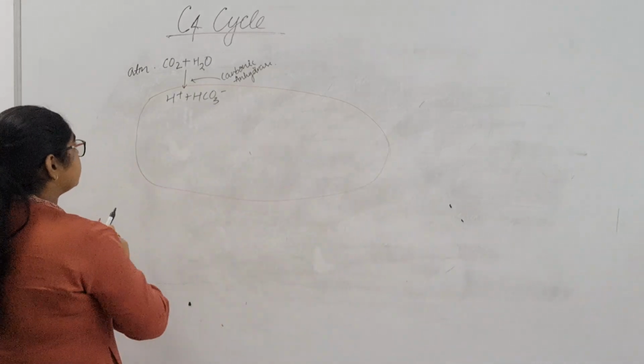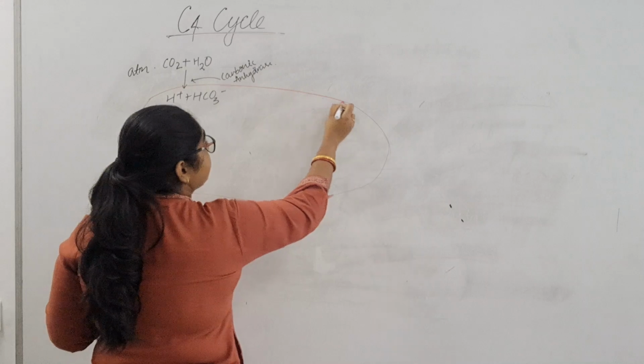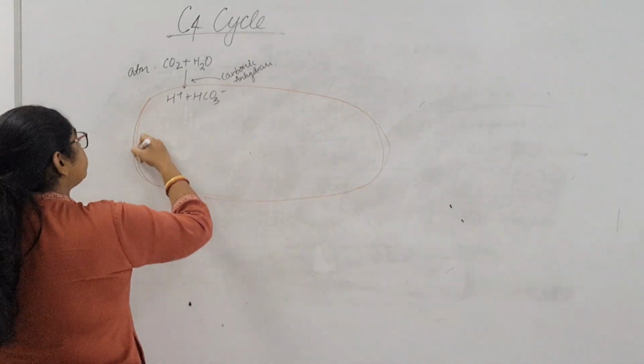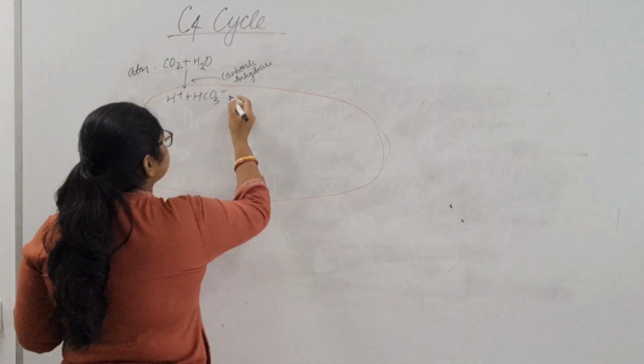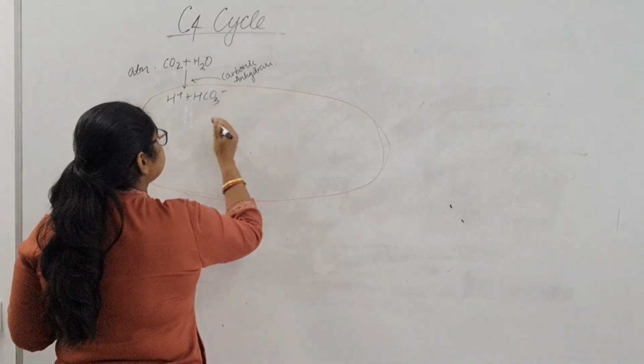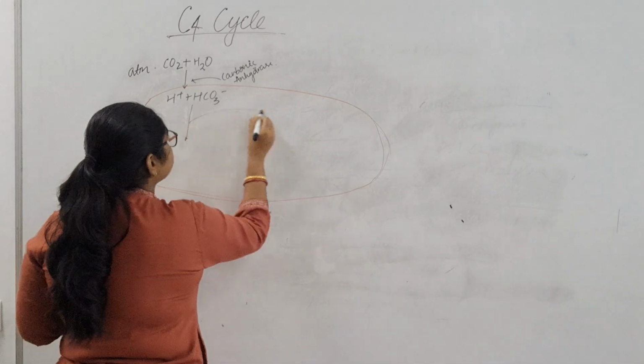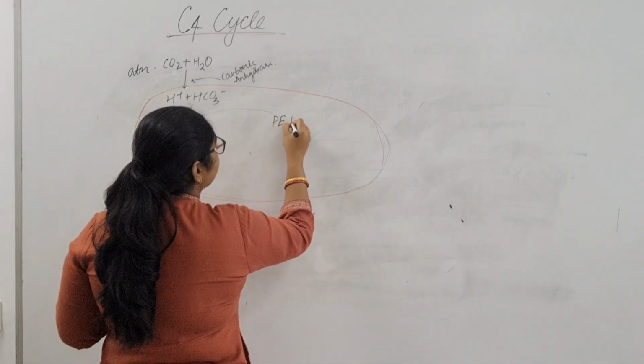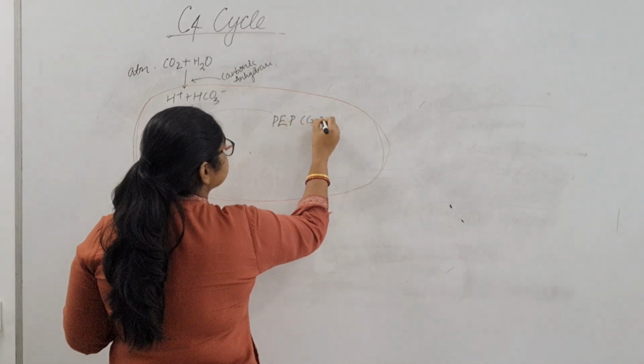So here this bicarbonate form will react with the first precursor of C4 cycle, that is phosphoenol pyruvate or PEP, a C3 acid.